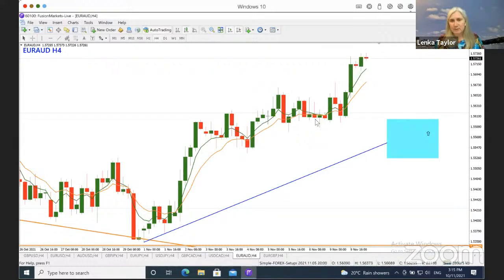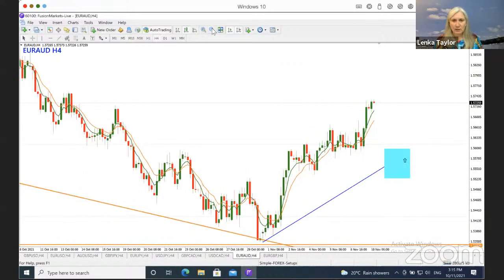And yeah, so this one I'm not in, but if I do get a reversal at this point and the price comes back down to this trend line or to my entry zone, which is sort of in line with, you know, around here, something like that, then I would be looking to enter a long trade still.